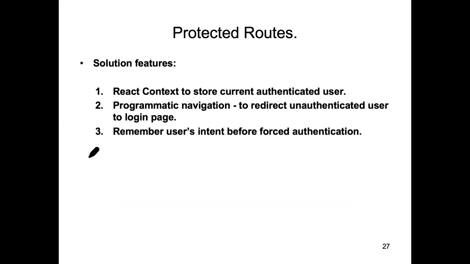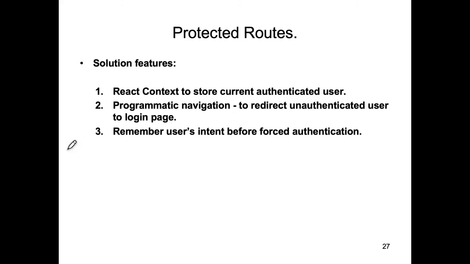Number one, I'm going to have a context, that stuff we were talking about at the beginning, that is going to store the currently authenticated user, and it's also going to have the logic associated with authenticating somebody when they try to log in and signing somebody out when they request that.